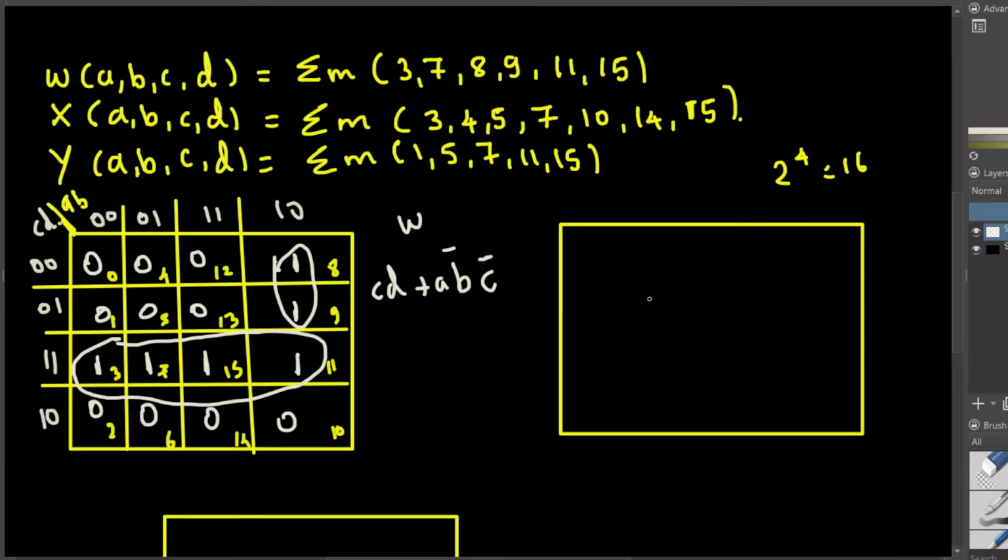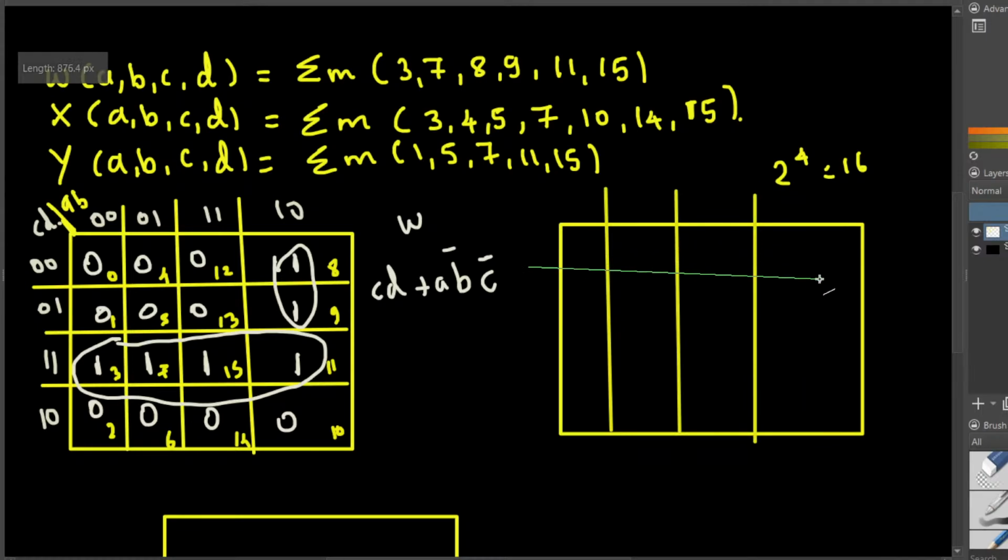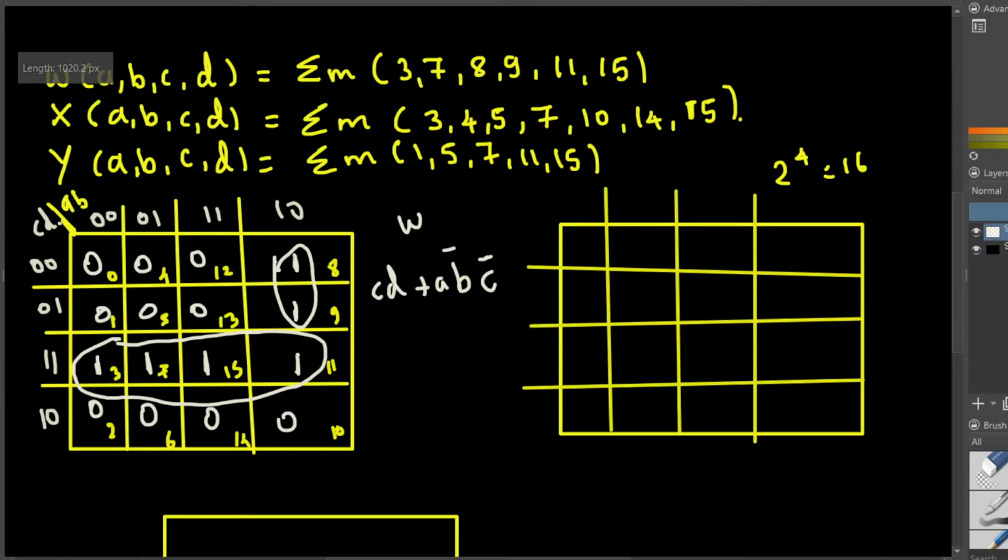Now let's look at X. Let's create the 16 locations. Okay, so here we are going to have the AB and then CD 0, 0, 0, 1, 1, 1, 1, 0, 0, 0, 0, 1, 1, 1, 1, 0.